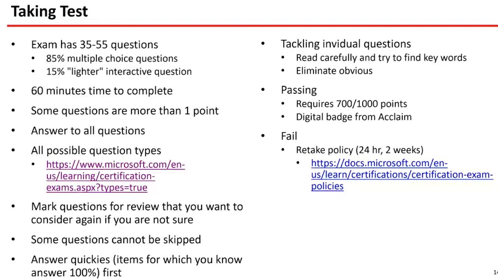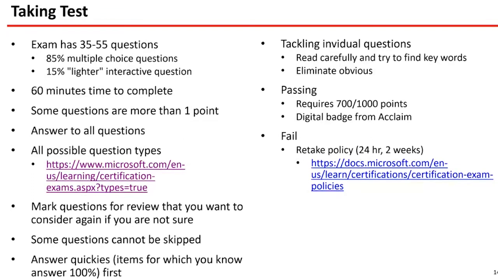Try to find the keywords. And after that, if there's a multiple selection, eliminate the obvious. Eliminate the things that you know it cannot be. So there's a better possibility to even guess the correct answer. That's how I did mine, and the score was quite good.